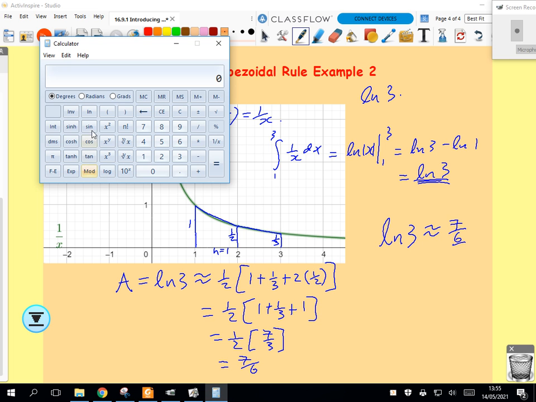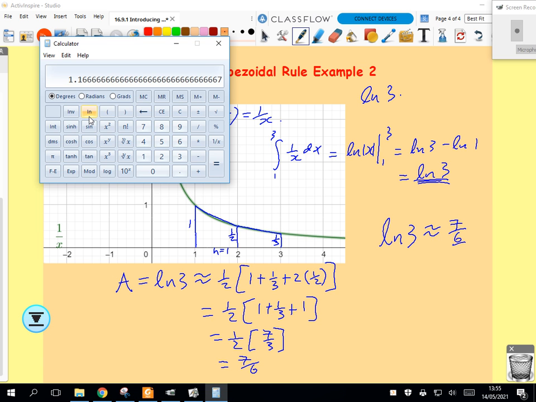Okay, so I have to put it in the other way around. 3 equals, and then hit the natural log, which is about 1.098. And if I compare that to 7 divided by 6, it's about 1.16. So not a million miles away.